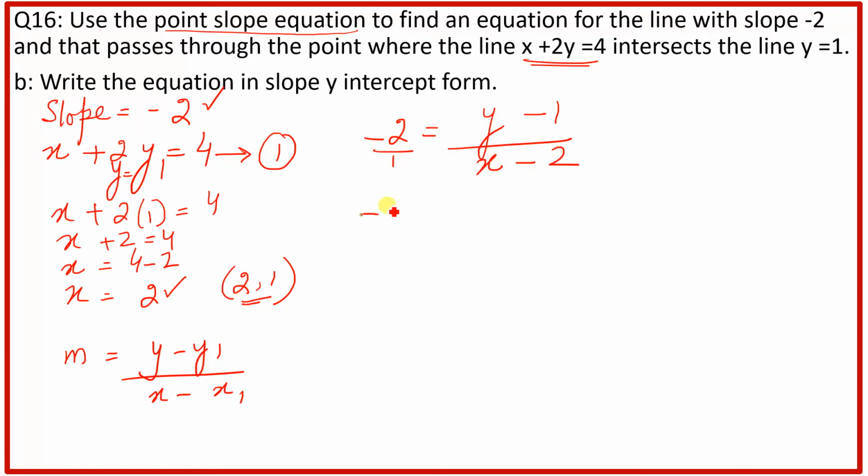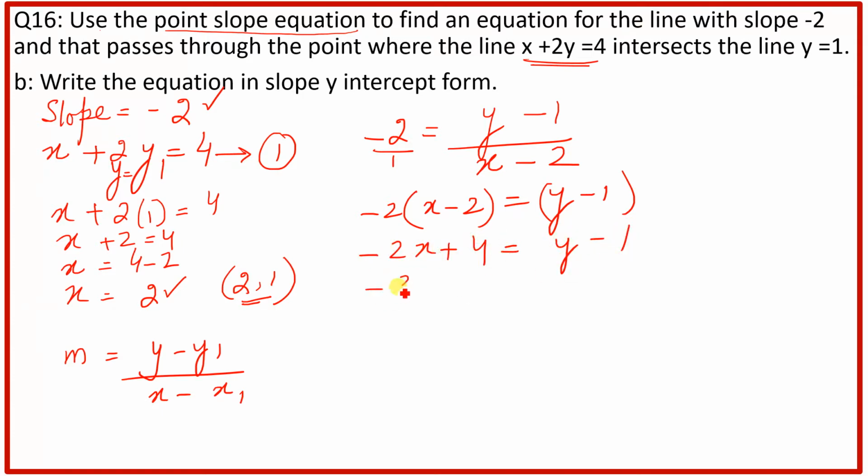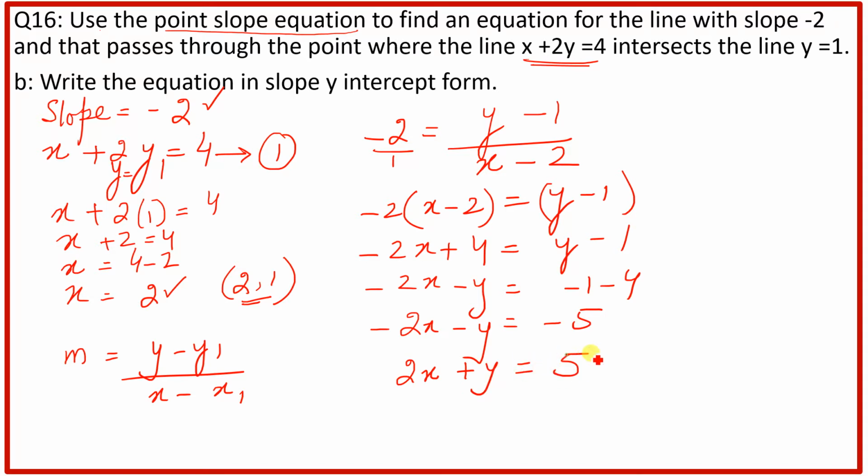Now we will cross multiply: negative 2 into x minus 2 is equal to y minus 1, so minus 2x plus 4 is equal to y minus 1. Minus 2x minus y is equal to minus 1 minus 4, which is equal to negative 5. If we multiply both sides by negative, it will be 2x plus y is equal to 5, and this is the required equation.